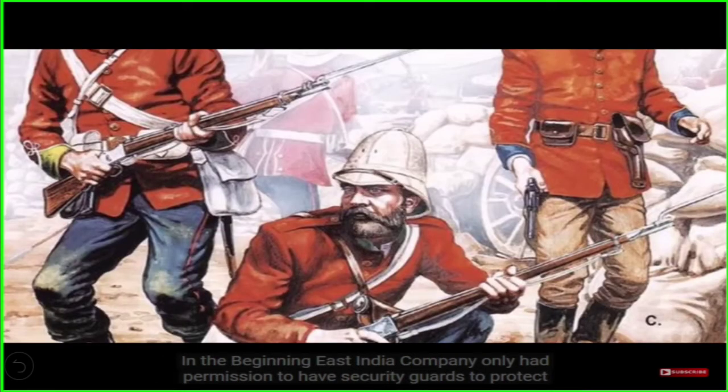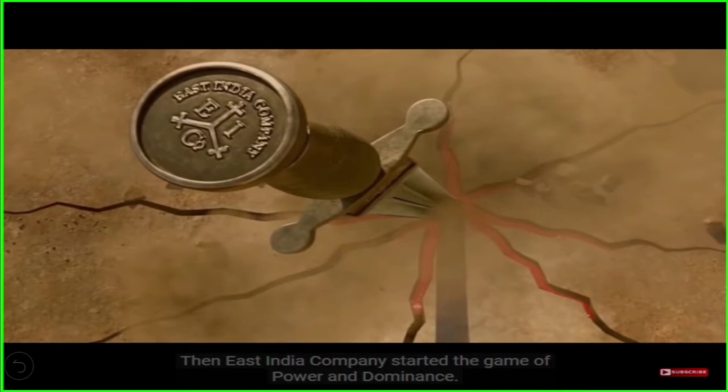And in the beginning, the East India Company got the permission from the Mughal emperor to have security guards to protect them from the other colonial powers like the French, Dutch, Portuguese. And then the East India Company started the game of power and dominance.